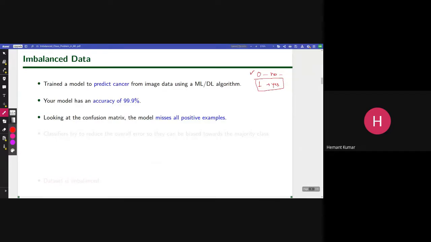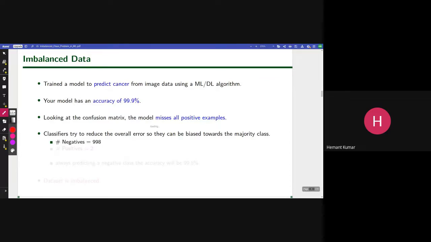We have a problem where the classes are not properly balanced, meaning one of the classes is the minority and one of the classes is the majority. In that case, the overall error is biased towards the majority class, and we do not get the correct solutions.